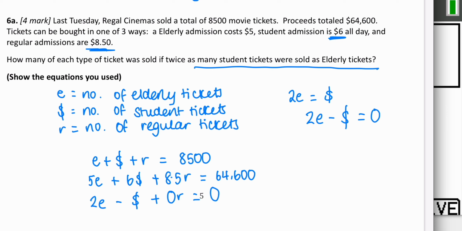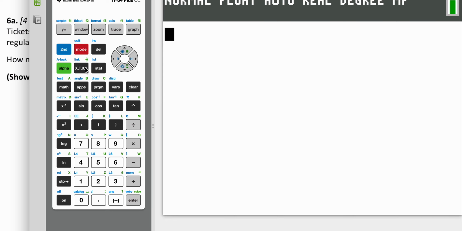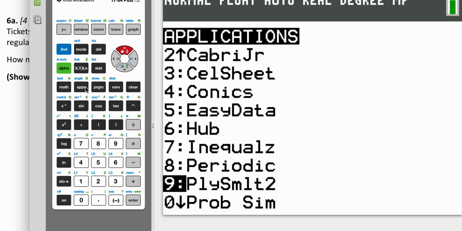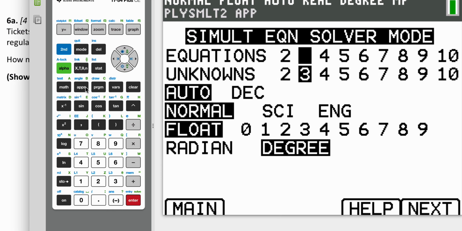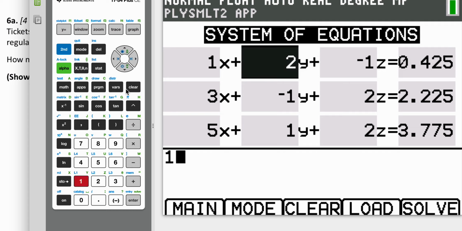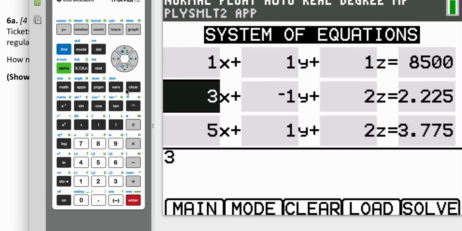So now I can go to my calculator, and I'm going to type all of that information in. I'm going to go to apps, and then on mine it's number 9, PolySmlt 2, systems of equations, and I have 3 equations and 3 unknowns. So I'm going to click next, and I'm going to type in my information. The first one, I have 1E, 1S, 1R, and that equals 8,500.